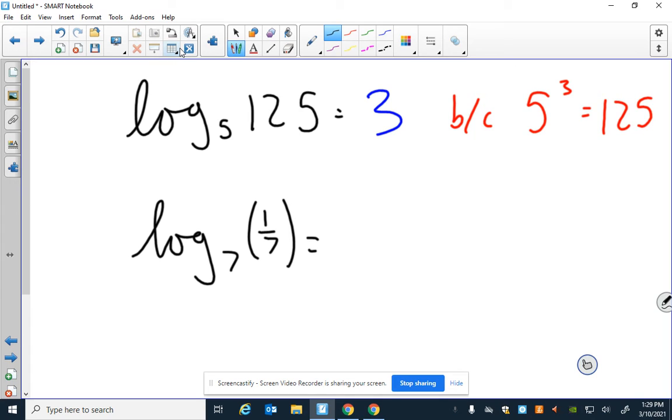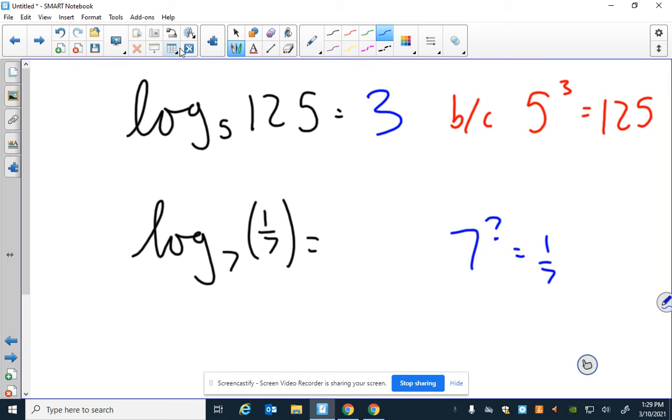Log base 7 of 1/7. Hopefully, you're really thinking 7 to the what power is 1/7. Yikes. So I hope you remember negative exponents. Take the reciprocal of whatever we're talking about and then do something.